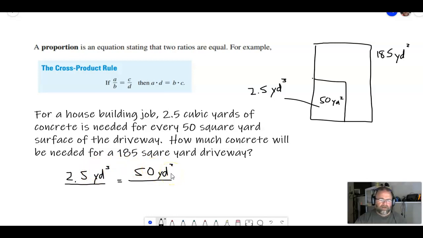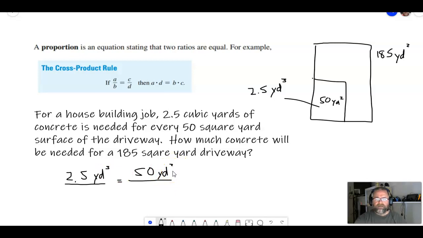Now remember, if possible, I want to keep the same units in the specific ratios here. So I want to keep the cubic yards over on this side, and I want to keep the square yards over on this side. So for 2.5 cubic yards, we know we have the 50 square yards there.